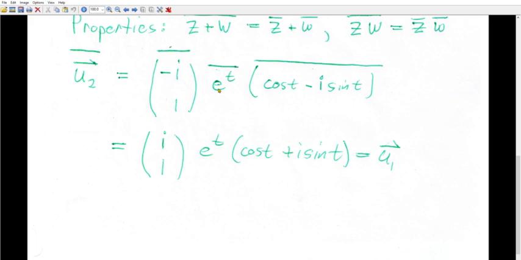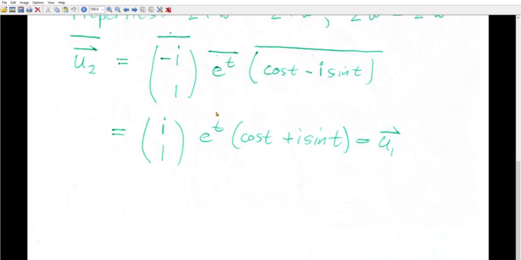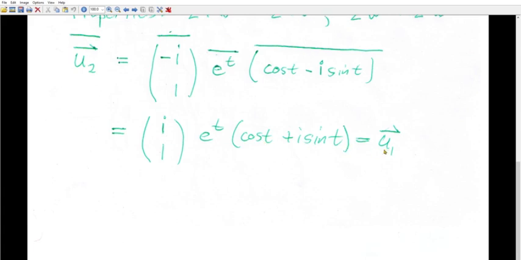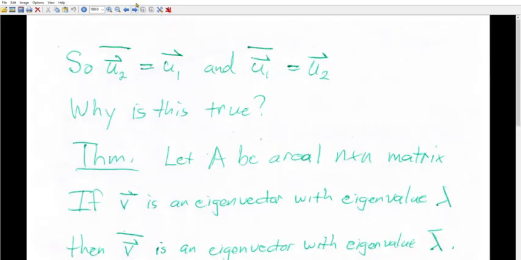And remember that the conjugate of a real number is just the real number. And now the conjugate of cosine t minus i sine t is cosine t plus i sine t, and that's u1, the vector we had previously. That means that the conjugate of the u2 vector is u1, and conversely, the conjugate of u1 is u2.